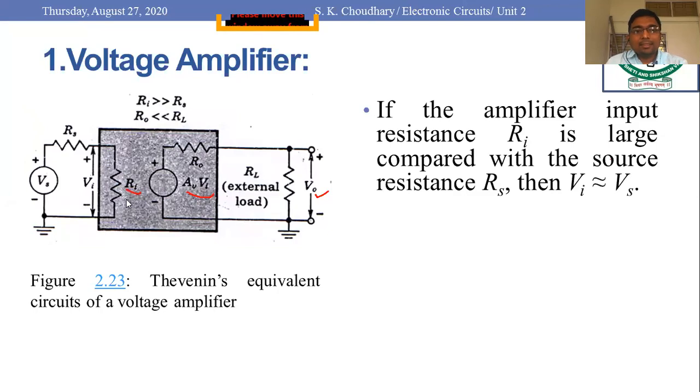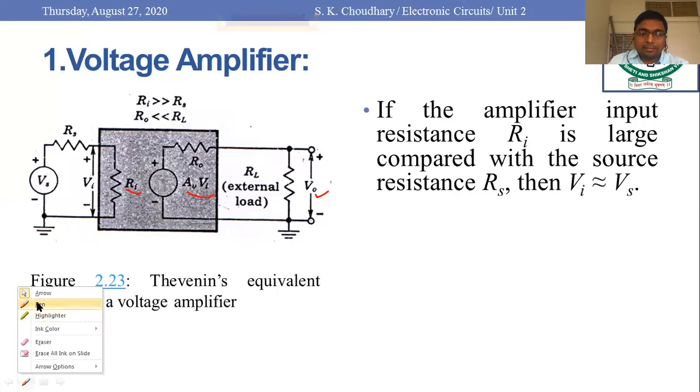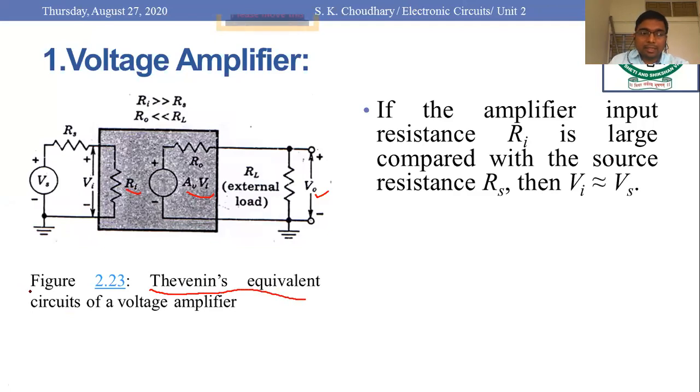Rs is the internal resistance of the voltage source, which is why it is shown in series. So it is a Thevenin's equivalent. The structure is very similar to the Thevenin's equivalent circuit, so a voltage amplifier is always represented in terms of Thevenin's equivalent circuit.